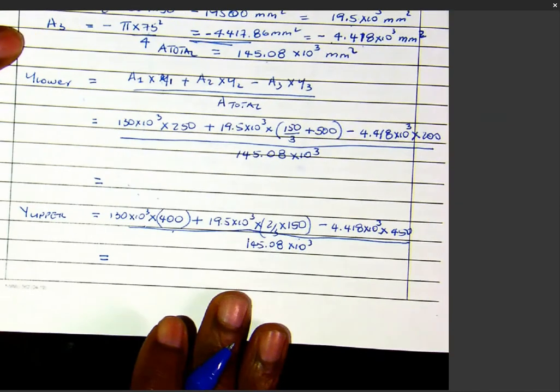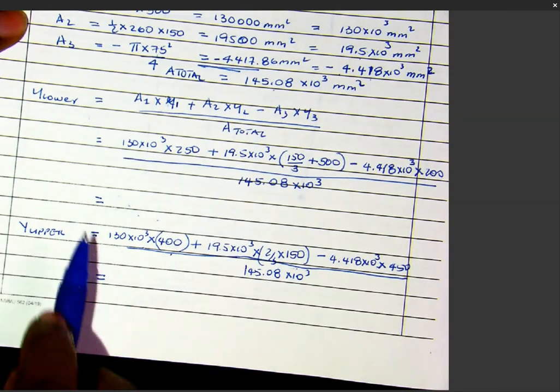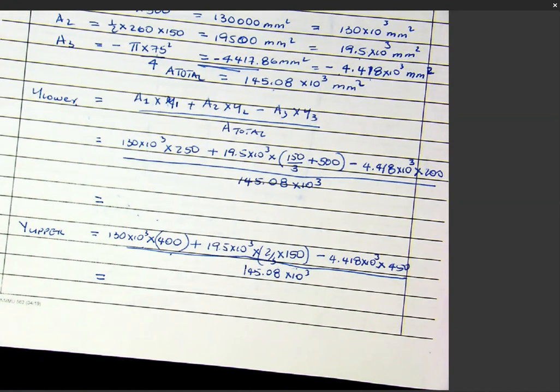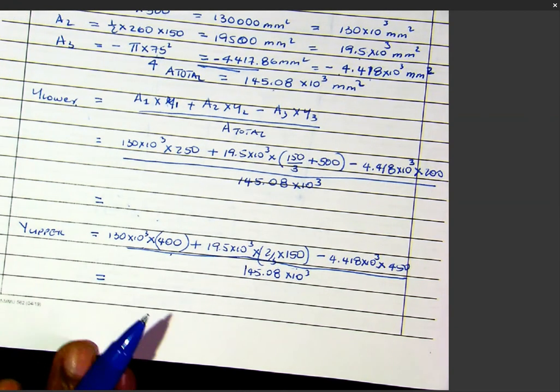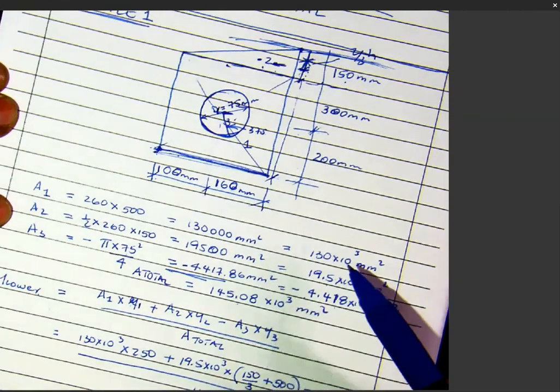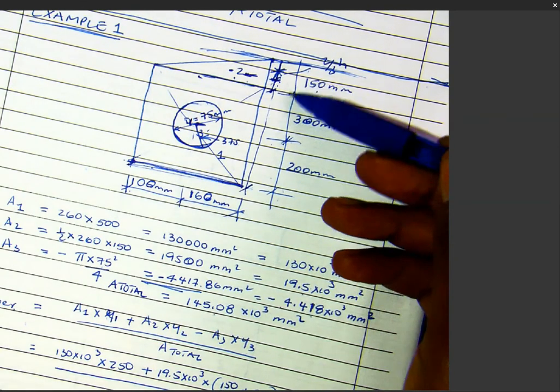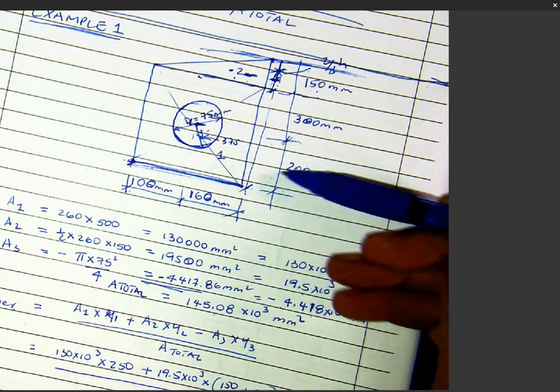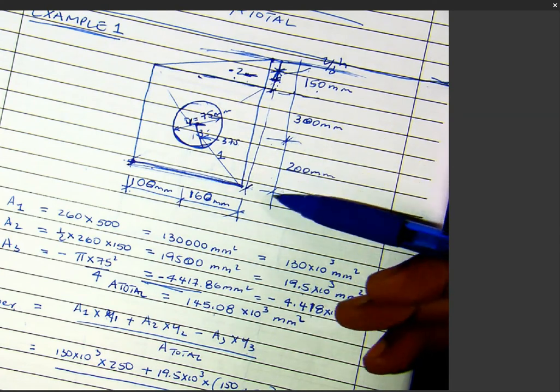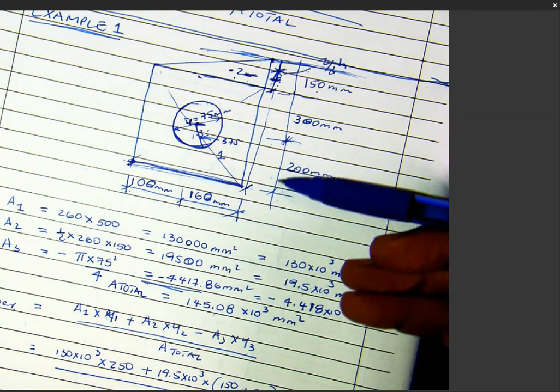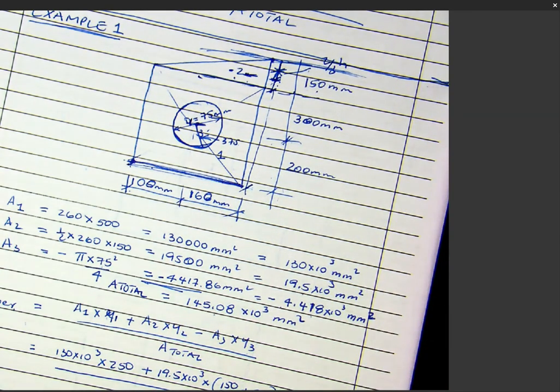Then you've got your answer. I divide that by the total. Remember, your y lower combined with your y upper must give you the full height if you're on the right track. Your y lower and your y upper must give you that total height. Then you will know that you are on the right track.